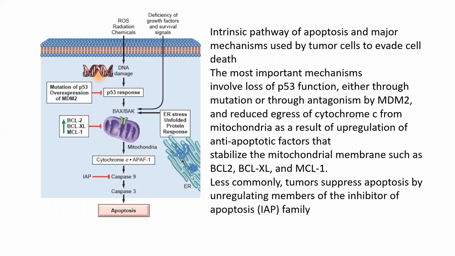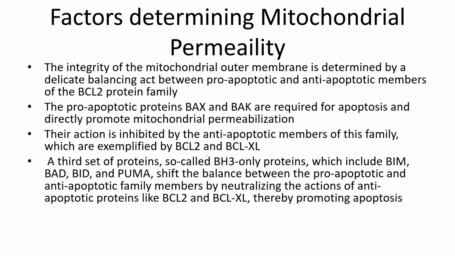Intrinsic pathway of apoptosis and mechanisms to evade cell death: the most important mechanisms are loss of p53 function, either through mutation or through antagonism by MDM2, and reduced egress of cytochrome c from mitochondria as a result of upregulation of anti-apoptotic proteins. So the intrinsic pathway is hijacked, and by this the apoptosis is inhibited and the cells grow without control.